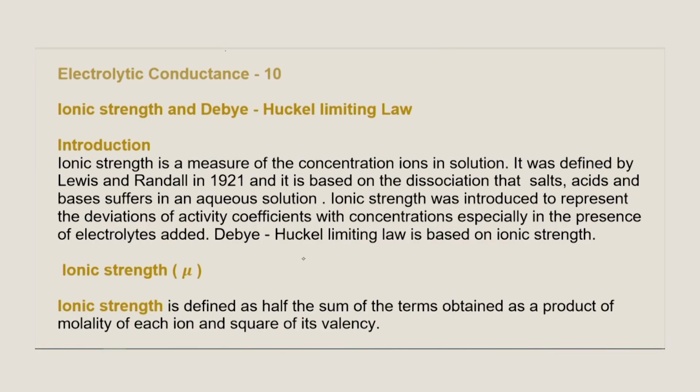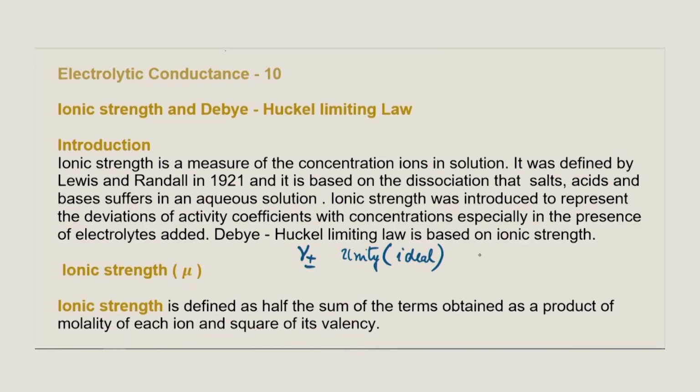As you all know, the activity coefficient, which is usually denoted as gamma plus or minus, deviates from the normal value of unity. The normal value, that is in ideal conditions, should be unity.